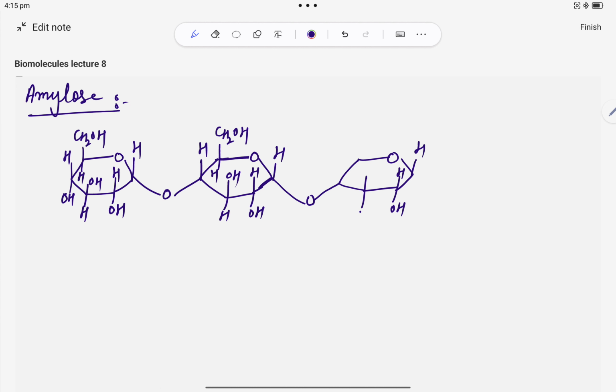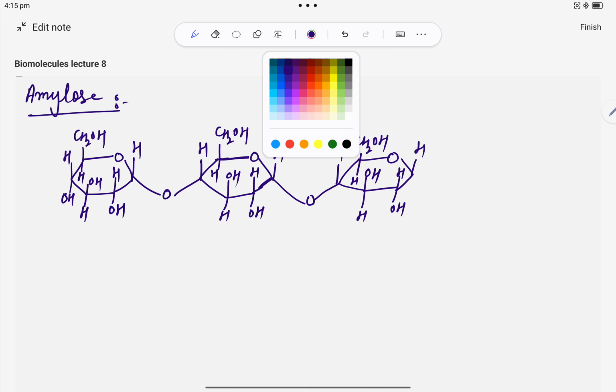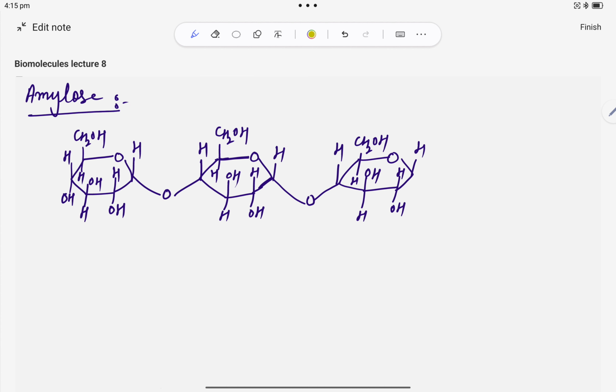Okay, so like that units are connected, children. Check it once. Here this is carbon number 1, this is carbon number 4, again this is carbon number 1, and this is carbon number 4, again this is carbon number 1.